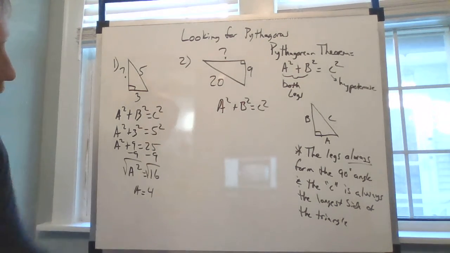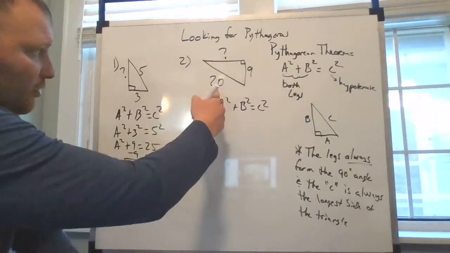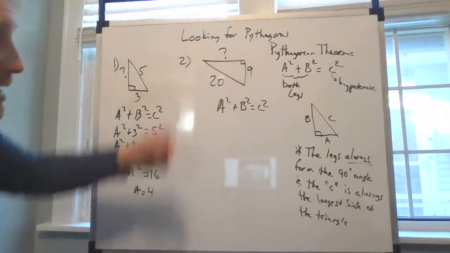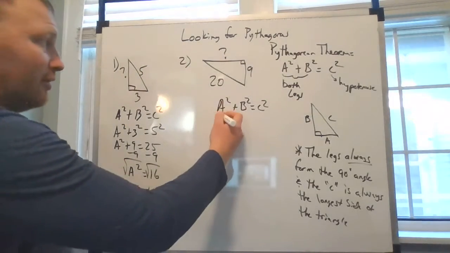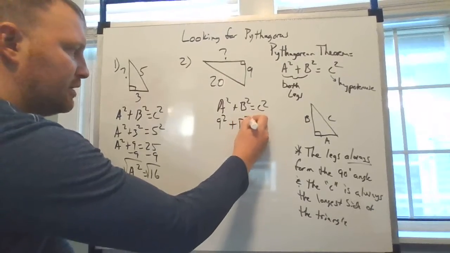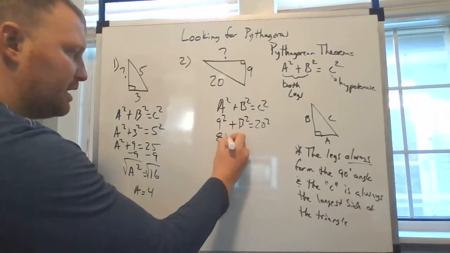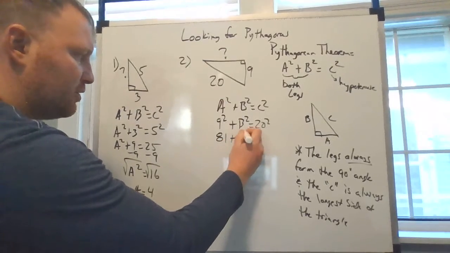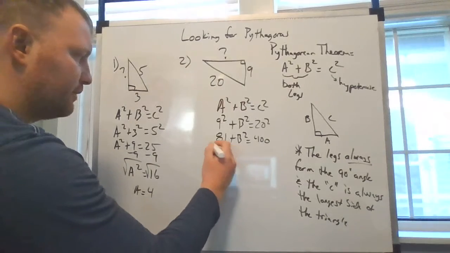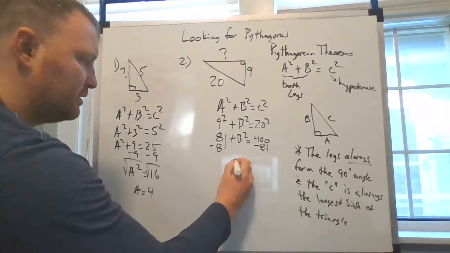Now over here, let's see what we do for this one. So again, which one do I not know? Well, I don't know my A or my B. All right, well, let's call that my B, because who cares if we call it either or. So my A is now my 9 squared plus B squared equals 20 squared. My 9 squared is 81 plus B squared, equals 400. I subtract 81 from both sides.